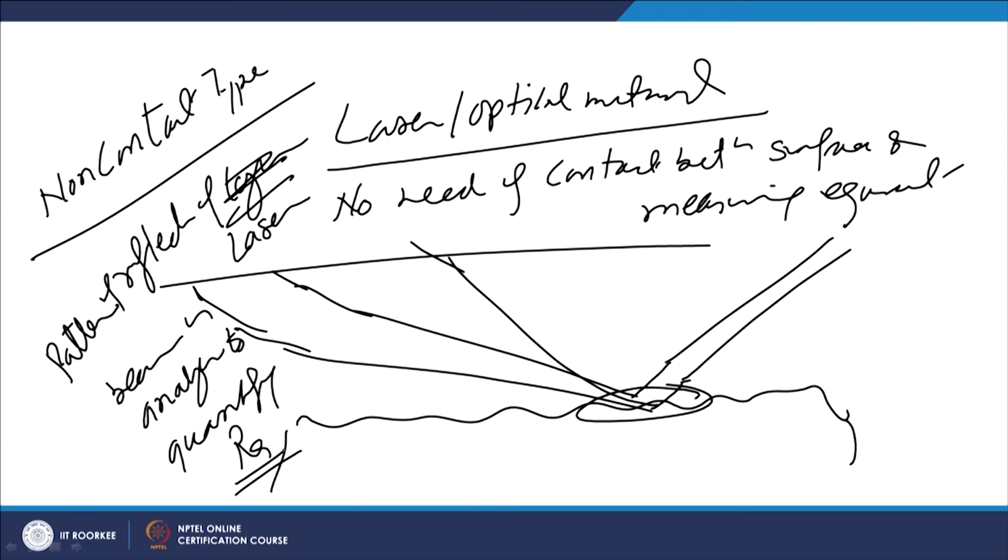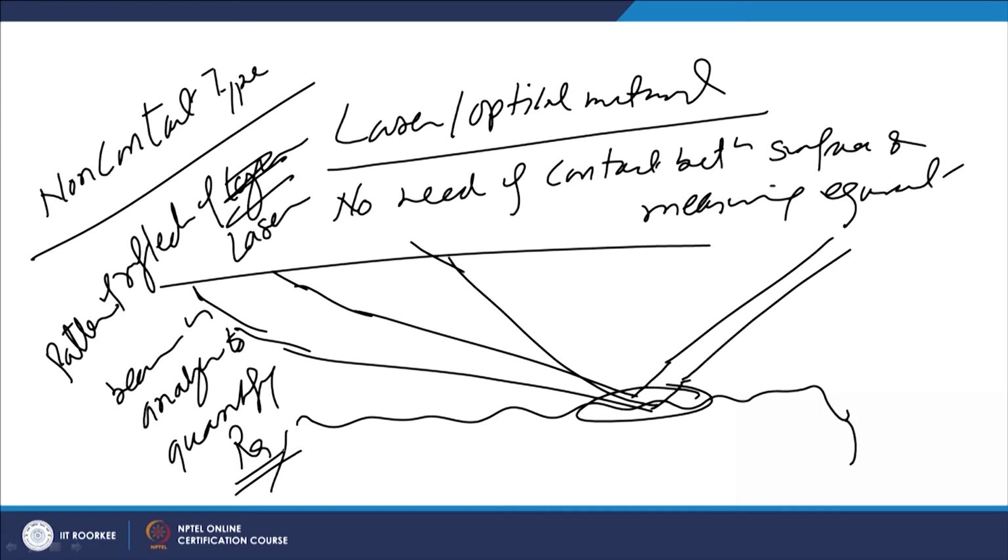So, in this case we are not moving any object in contact with the surface to measure the extent of ups and downs, but the laser or any suitable light is directed onto the surface of the component.